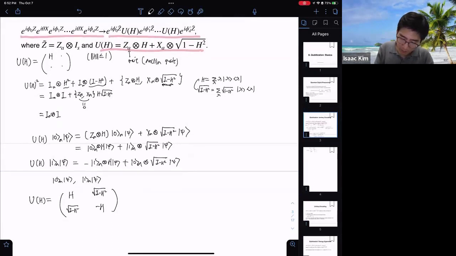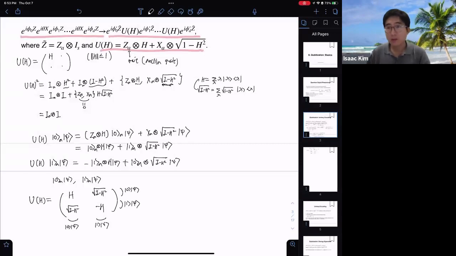The convention would be that this corresponds to 0 psi and 1 psi for a general state psi. So this is the unitary encoding. Any questions so far?